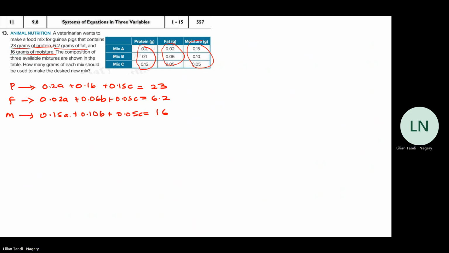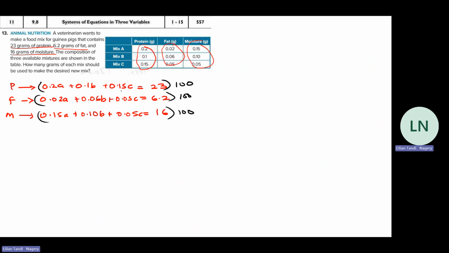0.05C. Now, I told you, I like making my life easy. I don't like stressing myself. Why do I have to work with these decimals? Remove these decimals. And how? I'm going to multiply by 100. Okay? By 100, by 100, by 100.